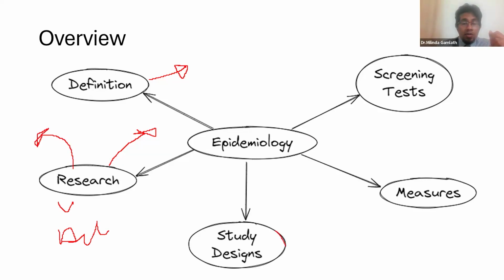And then we learned that one of the steps was to decide on the study designs. So we learned about the different study designs. At the very beginning, there are primary studies and secondary studies. Secondary studies were studies which looked into different publications.